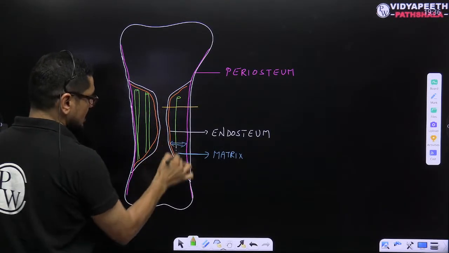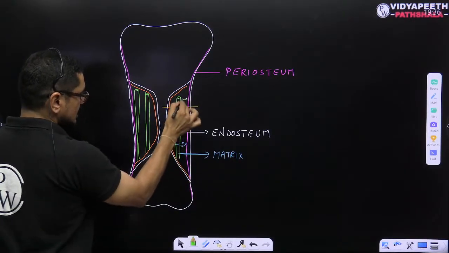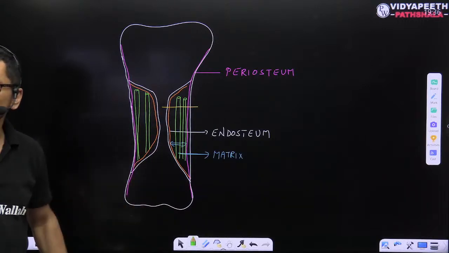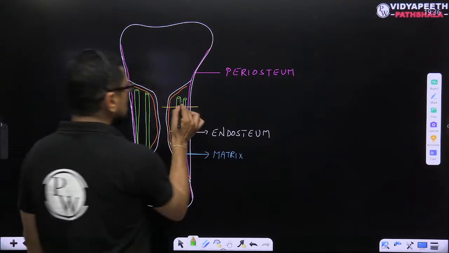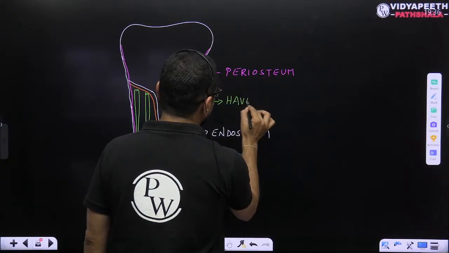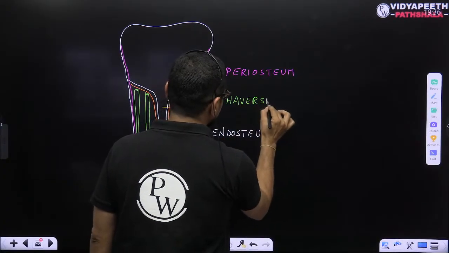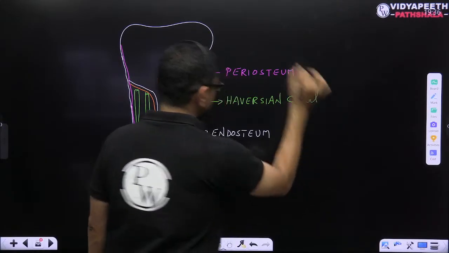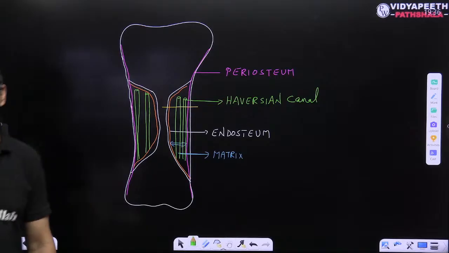Once again, one pipe here, another pipe here. What are these long pipes we are seeing here? The long pipes you are seeing here are called Haversian canals. H-A-V-E-R-S-I-A-N. Haversian canal. C-A-N-A-L.